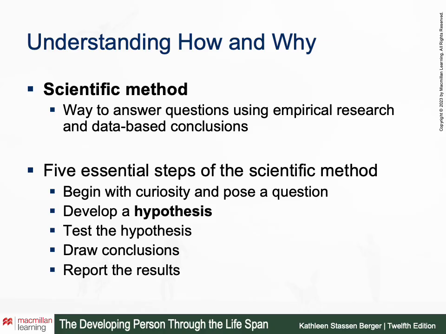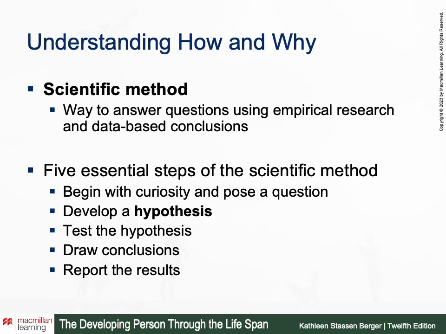So when we're talking about how we study anything scientific, including human growth and development, we're going to be using the scientific method, which is really a way to answer questions using empirical research and data-based conclusions, so that these aren't just theories that are being flung around, but are tested and found to be true.